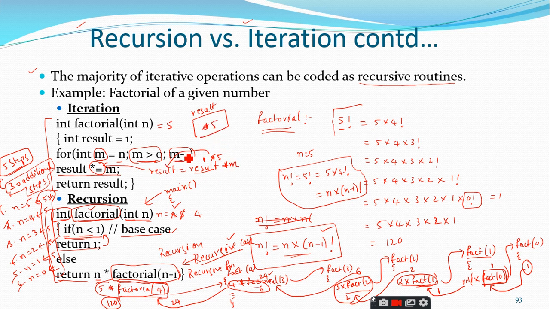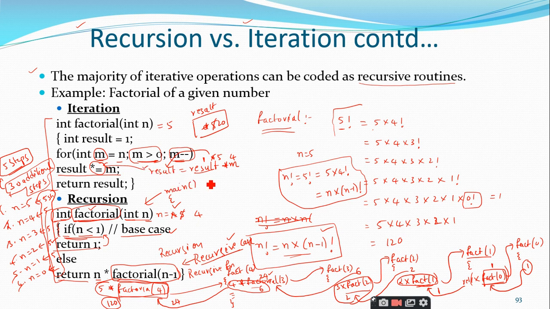Again it will go and decrement the value of m, which becomes 4. 4 greater than 0, condition true. Therefore result is equal to result star m. I already have 5, so 5 multiplied with 4, 20 is stored here. Now m becomes 3. 3 greater than 0, condition true.